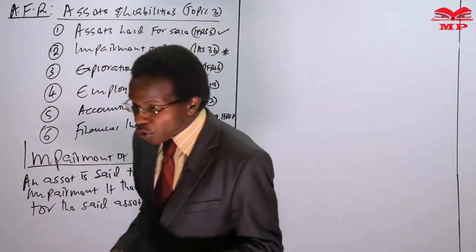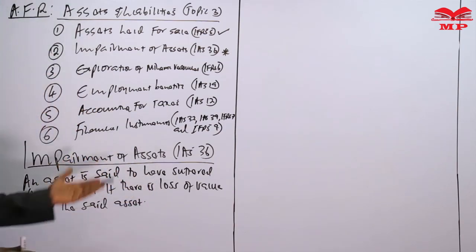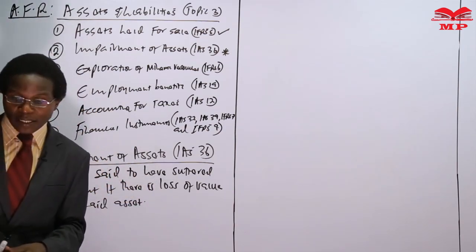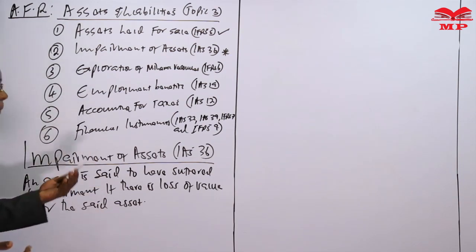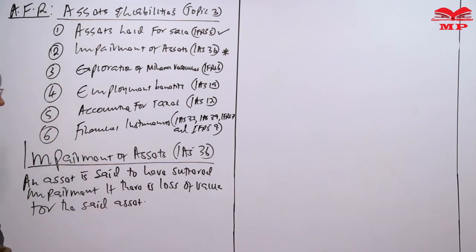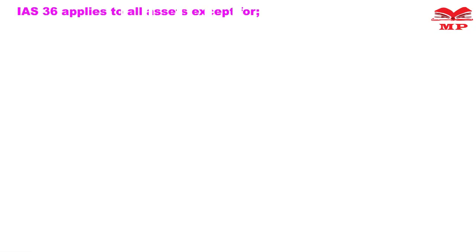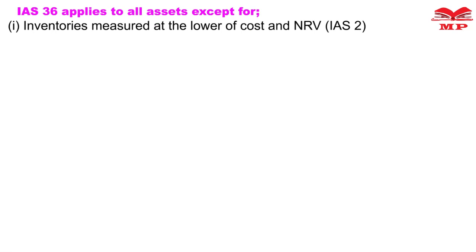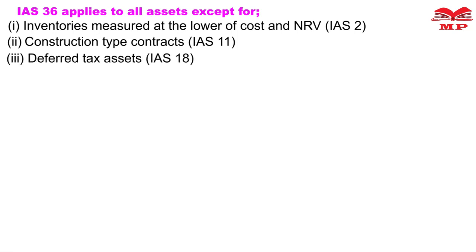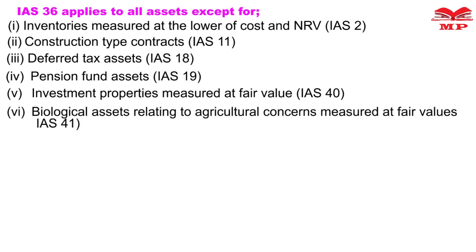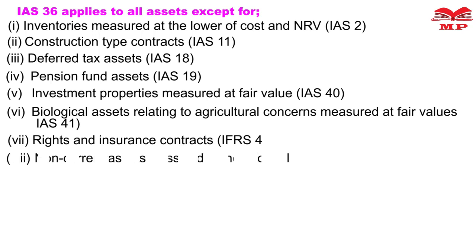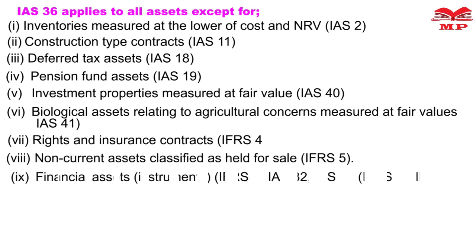Now, we need to also look at the applications of IAS 36. IAS 36 can be applied in many other standards except the following. 1, accounting for inventory, IAS 2. 2, accounting for construction contracts, IAS 11. 3, deferred tax assets, pension fund or employment benefits, investment property, IAS 40, biological assets, IAS 41, rights and insurance contracts, IFRS 4, non-current assets held for sale, and financial instruments.